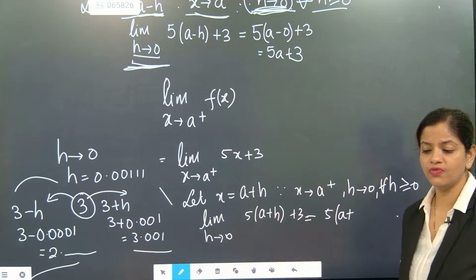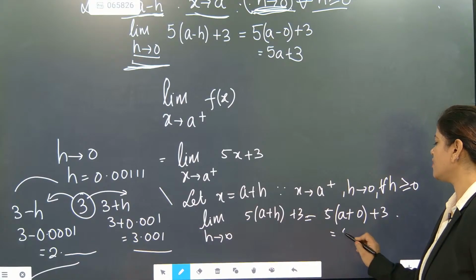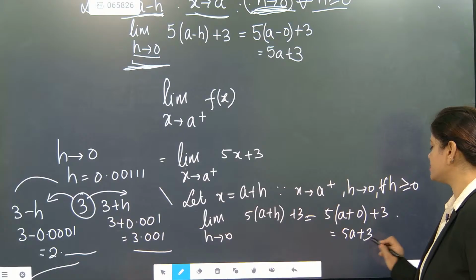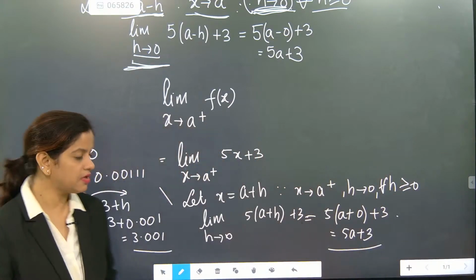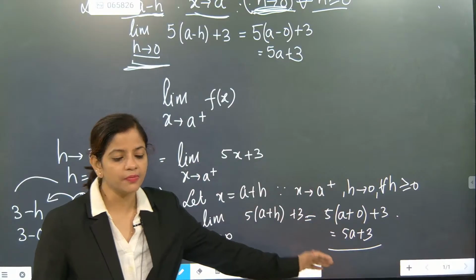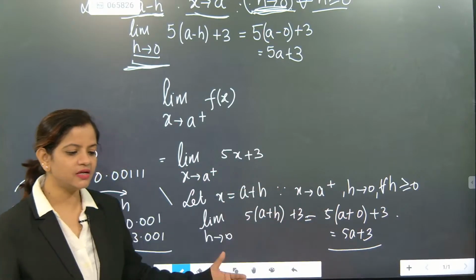Limit story over. Got it? So this part plus 3, and now it is coming out f of a plus 3. This is the entire story of limits. I hope you have understood this better. Go left, go right, or stay at center.